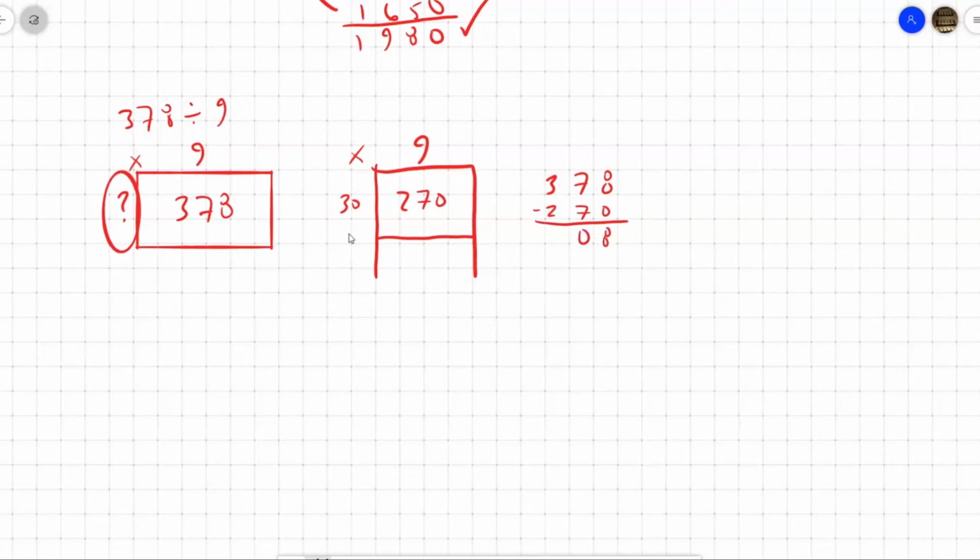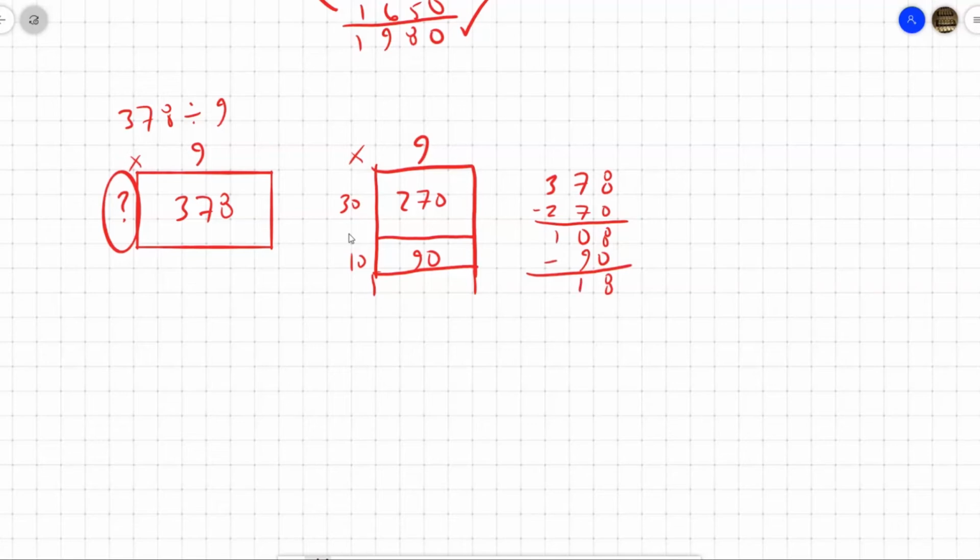So 8, 0, 1. All right, so how many 9s are in 108? So I know there's 108 left here, and I'm not sure, but I know that 9 times 10 is 90, so I found another part of it. I know there's still a little bit more. So 9 times 10 is 90. So 108 minus 90 is going to be 18.